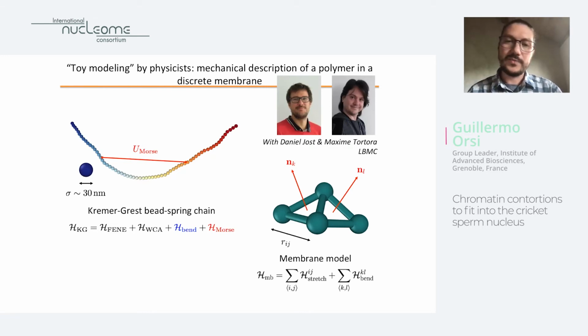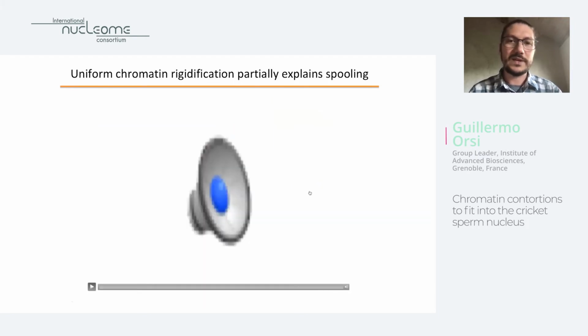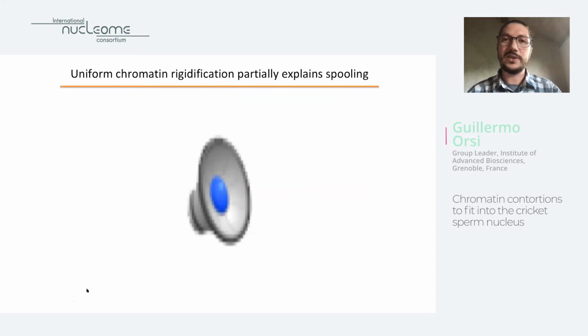So after a few trials that I will not really describe, Maxime found that there is one thing that could explain this coiling of chromatin, this nematic ordering of fibers, which is if the fibers suddenly became rigid. Rigidification is compatible with what we expect if we replace the histones by the protamines, which are more basic.